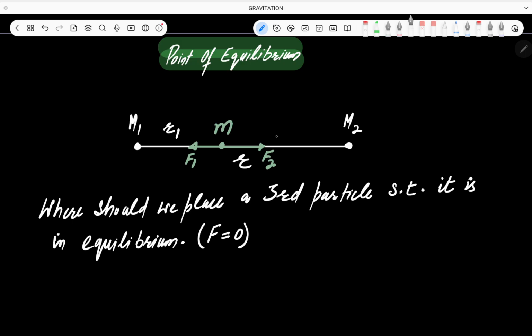Now we have to calculate the values of r1 and r2.